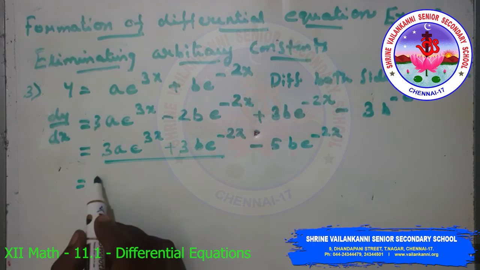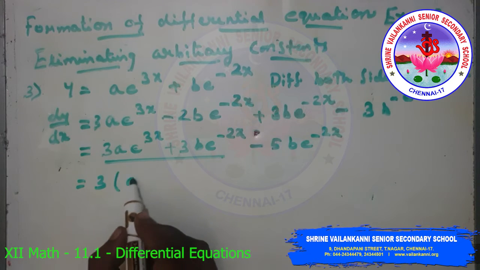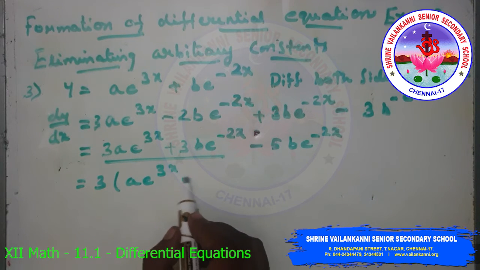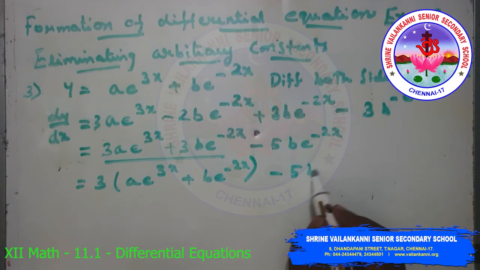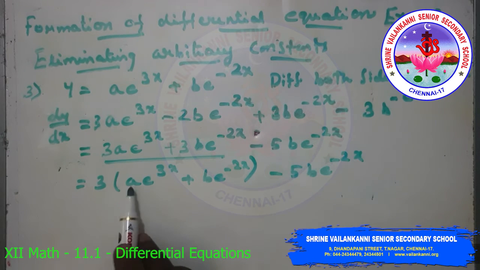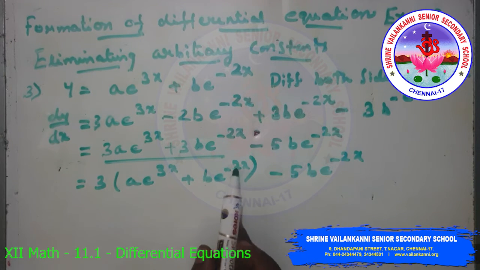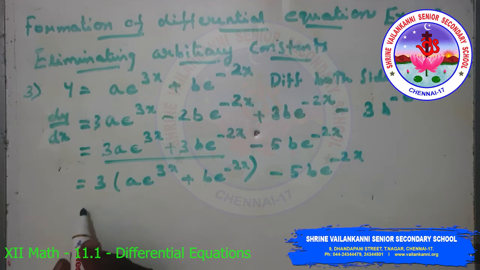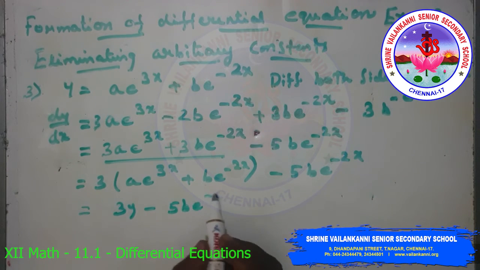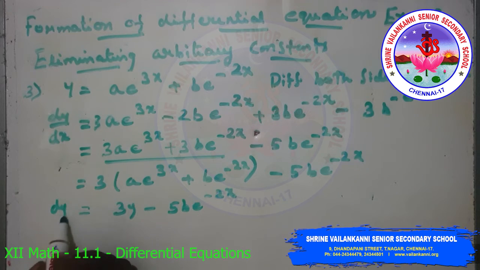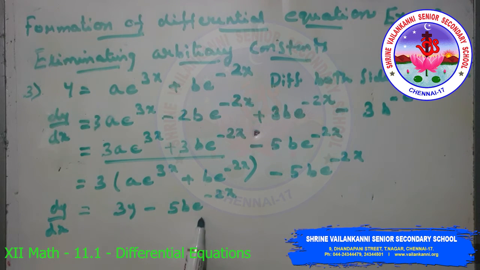Here taking 3 common, we have a into e power 3x plus b into e power minus 2x minus 5b e power minus 2x. So a e power 3x plus b e power minus 2x is y, which is equal to 3y minus 5b e power minus 2x. So dy by dx is 3y minus 5b e power minus 2x.